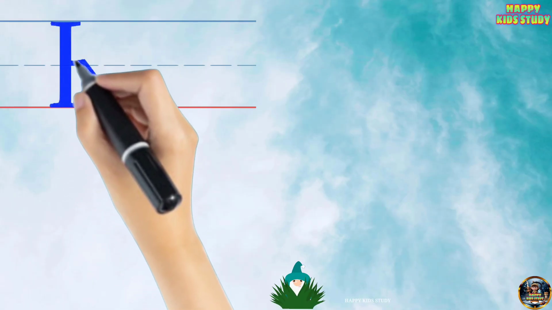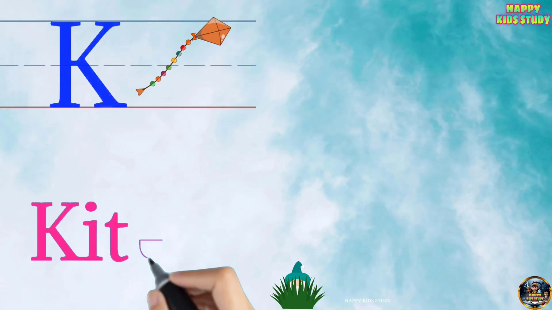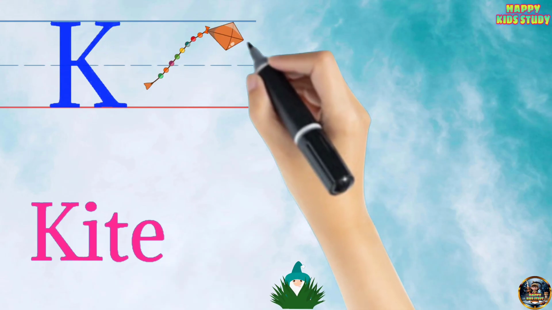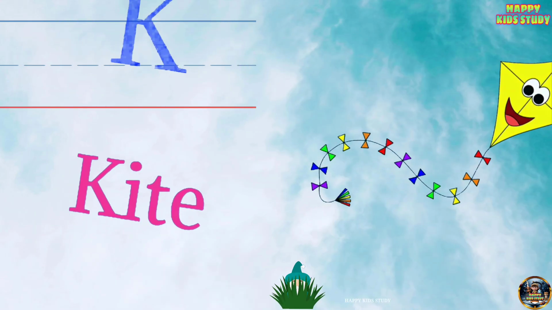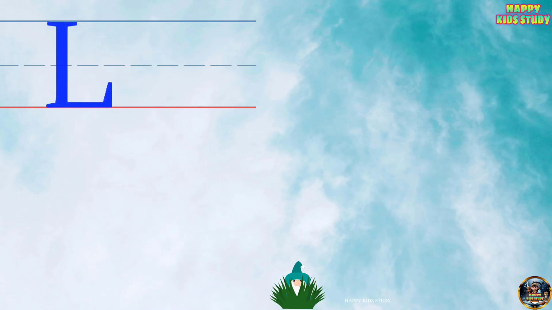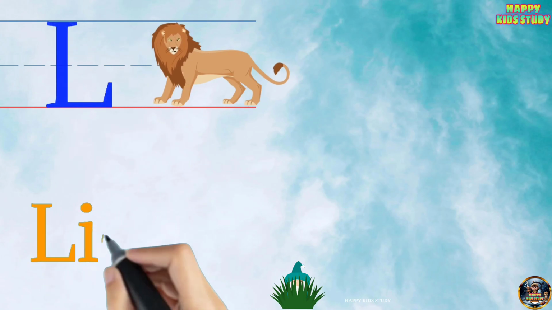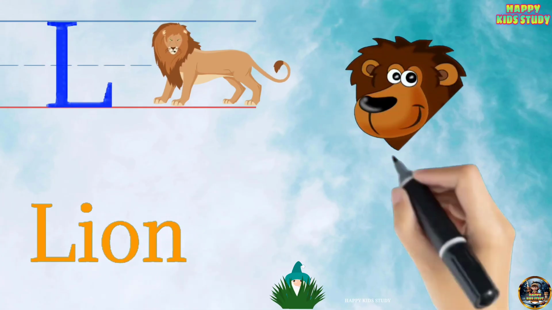K. K for kite. Kite means patang. L. L for lion. Lion means sher.